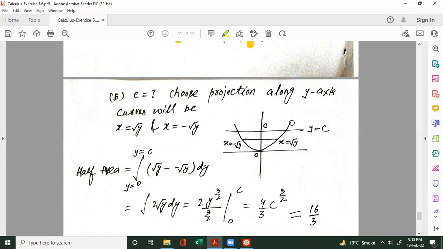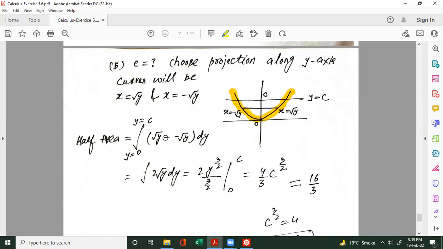That curve represents x equal to positive under root y, and this one represents x equal to negative under root y. So the half area in this case is the integral of under root y minus negative under root y, using the limits of y.